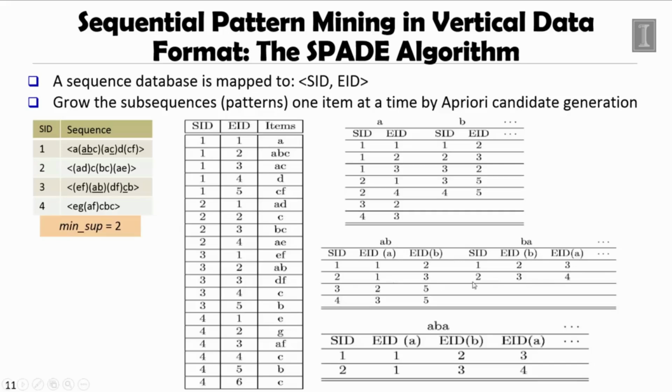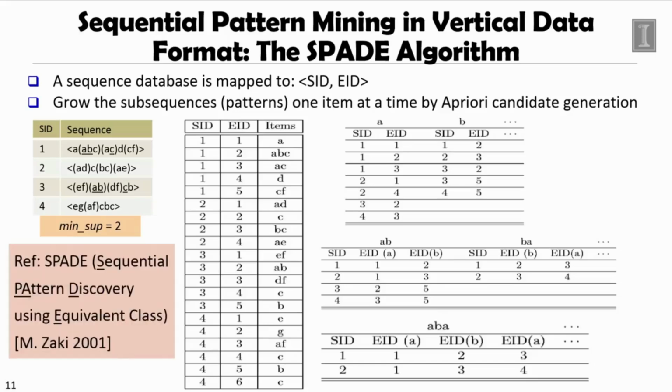Then you join the other together, and you get 1, 3, 4. Because at element 2, you get A, you get B, and you can get A again. So to that extent, you can find all of them. That's the reason you can use the Apriori-based principle to find all the frequent subsequences.